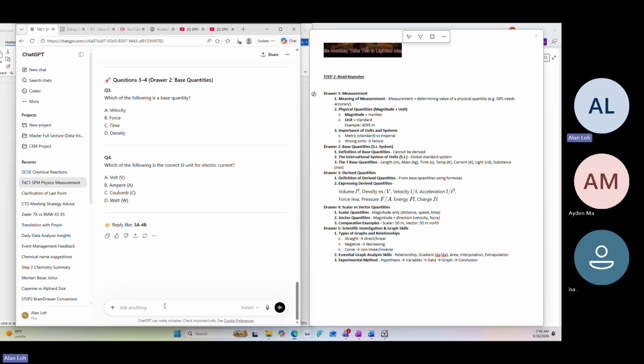Which one is base quantity? So you have to remember that little monkey story.